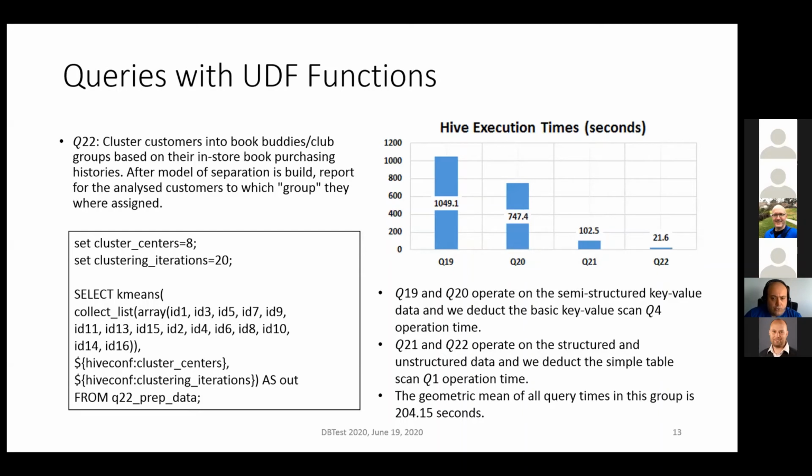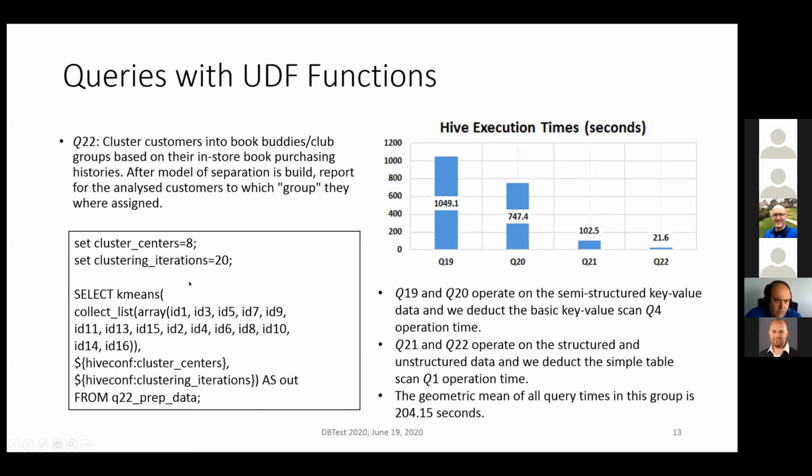And the third group actually are the user-defined functions. So we put them in one group since they're quite different. And here, this is query 22, which is a query from the original BigBench. This is just the part of it which is actually using the k-means user-defined function.